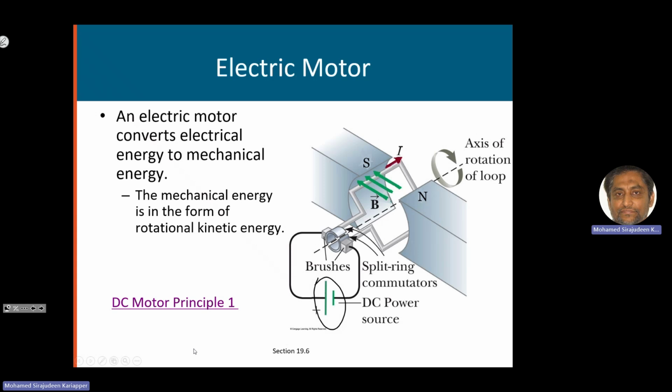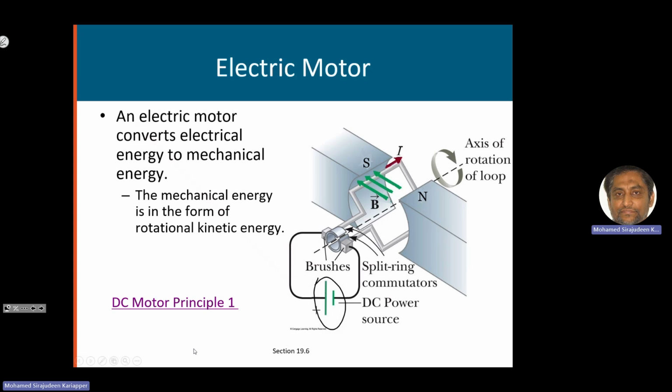When it passes the vertical position, there will be a counterclockwise torque. So it will move this way, then clockwise, it will move that way, then it will stop in the vertical position. It will not be a motor, because if you keep it like that, it will come, then go like that, and it will stop in the vertical position.